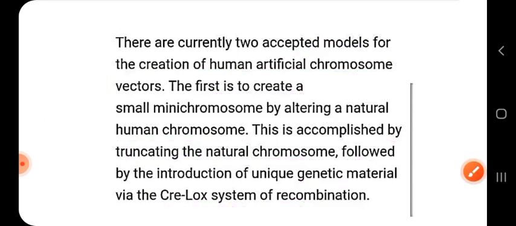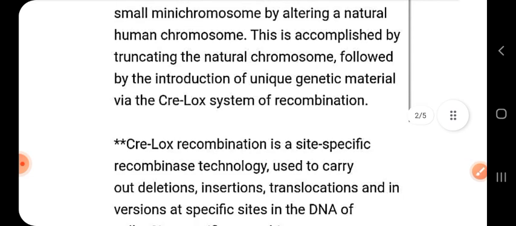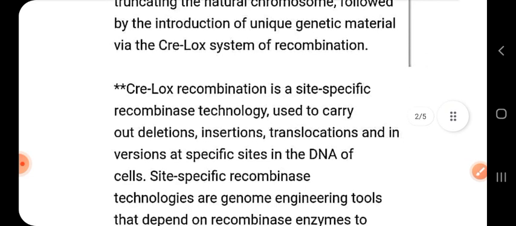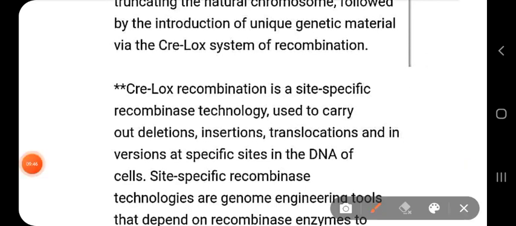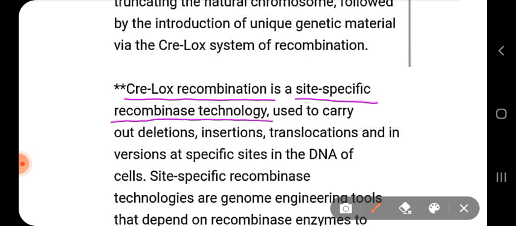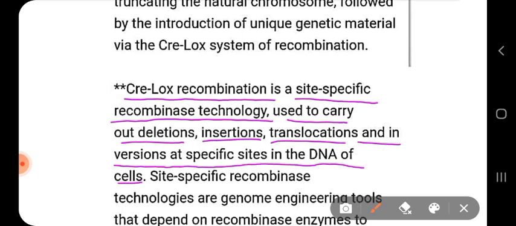Cre-Lox is a type of site-specific recombination. I have discussed it a little bit in these notes. Cre-Lox recombination is a site-specific recombination used to carry out deletions, insertions, translocations, and inversions at specific sites in the DNA of cells.